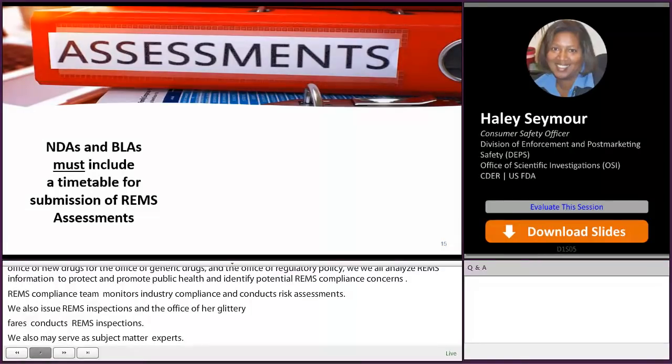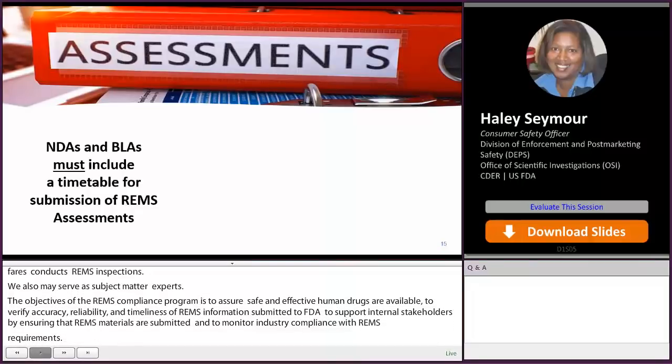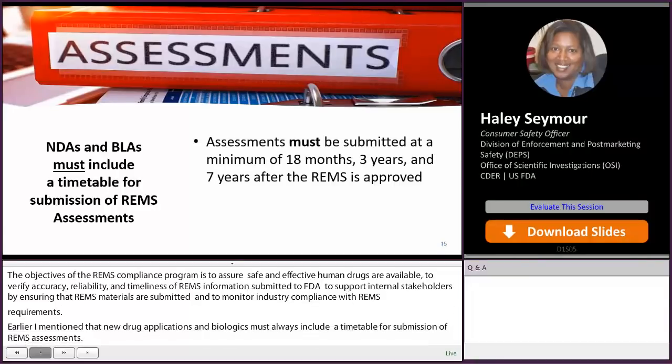Earlier, I mentioned that new drug applications and biologics must always include a timetable for submission of REMS assessments. These assessments must be submitted at a minimum of 18 months, 3 years, and 7 years after the REMS is approved.